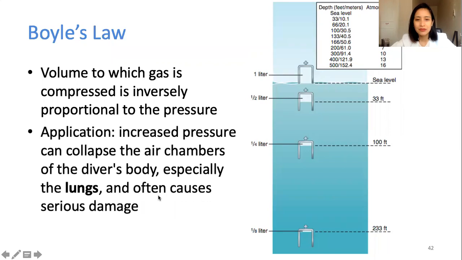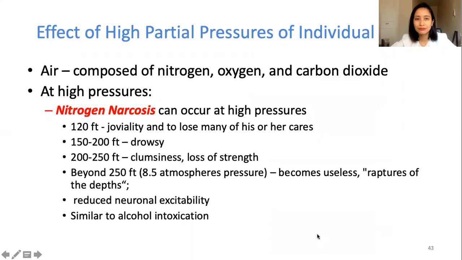So that's why as a diver, as you go down, the increased pressure in the lower parts of the sea can collapse your air chambers and can sometimes cause serious damage because of the immense pressure at the ocean floor.